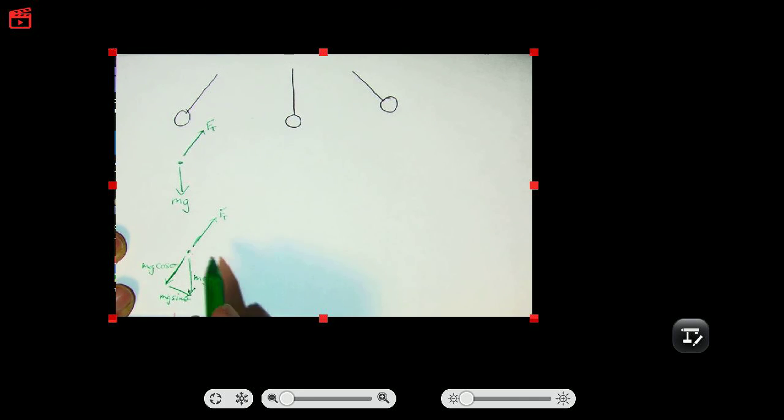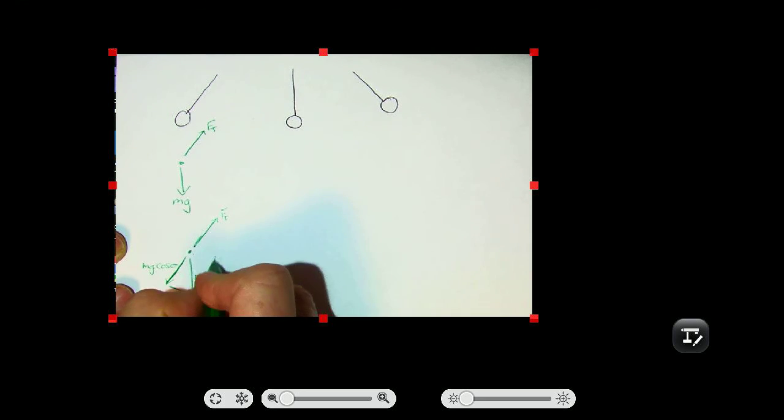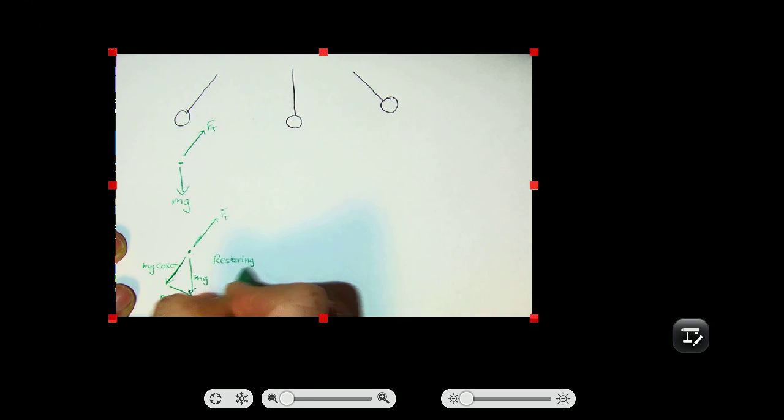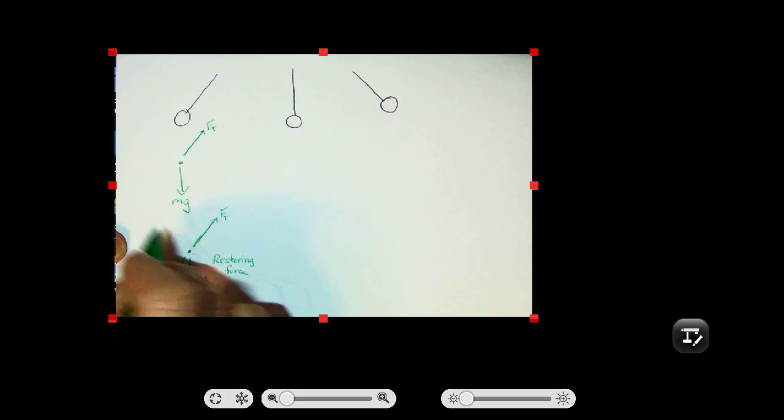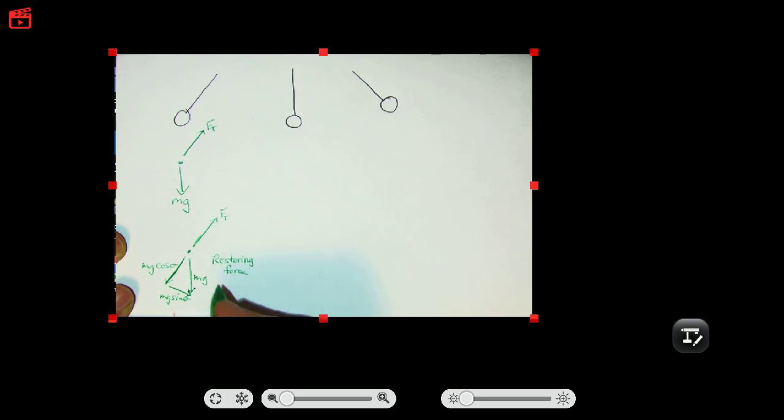So my restoring force, my force pulling it back towards the center caused by gravity, is mg sine theta.